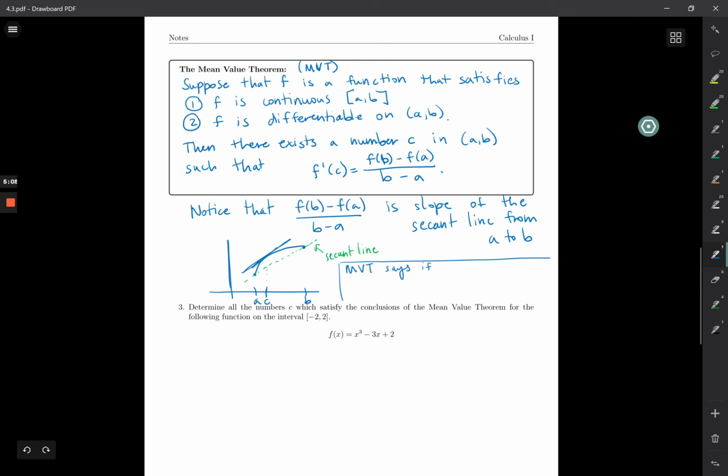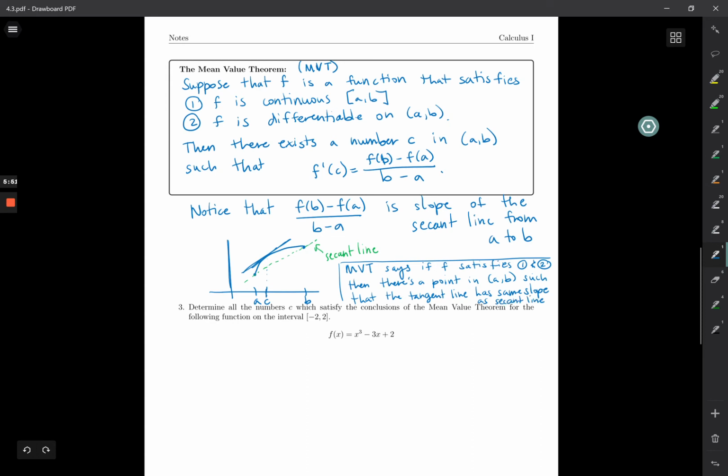So the mean value theorem says, well, if f satisfies the conditions that I won't write out, so if f satisfies 1 and 2, then there's a point in the interval a to b such that the tangent line has the same slope as the secant line.